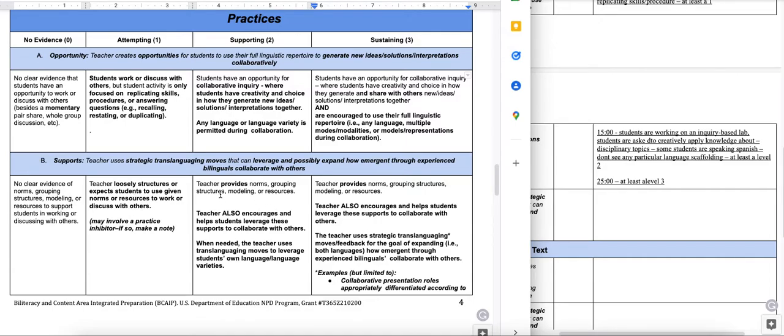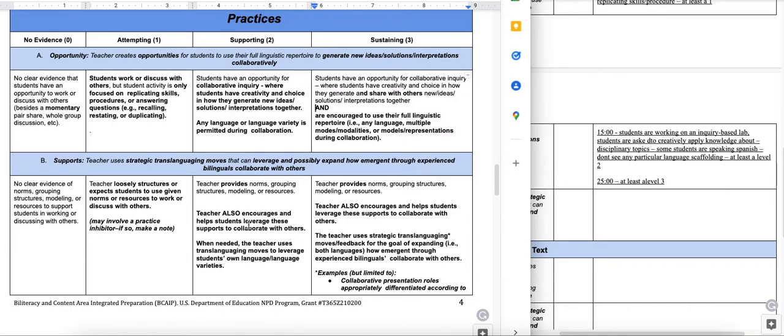So to get to a 2, you need to see the teacher providing norms, grouping structures, modeling, or resources to support students in engaging in collaborative inquiry. And the teacher is also encouraging and helping students leverage these supports to collaborate with others.